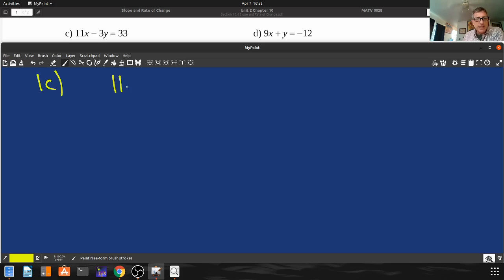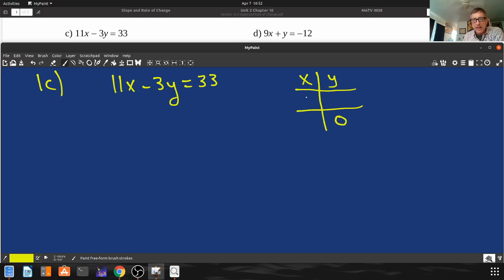So we have 11x minus 3y is equal to 33. And I can see setting y equals to 0 will be absolutely fine. So I'm definitely going to do that. And setting x equal to 0 will also be fine. So let's find our y-intercept and then our x-intercept.